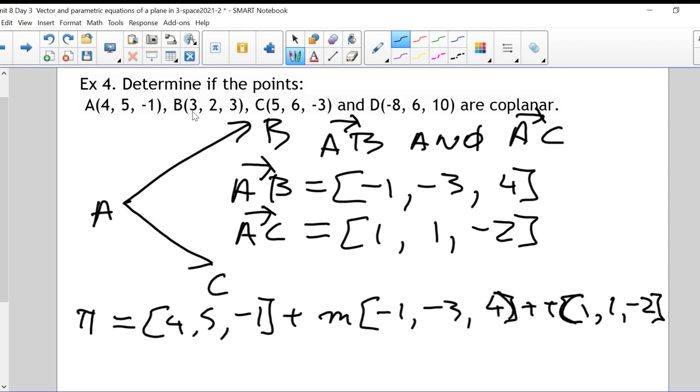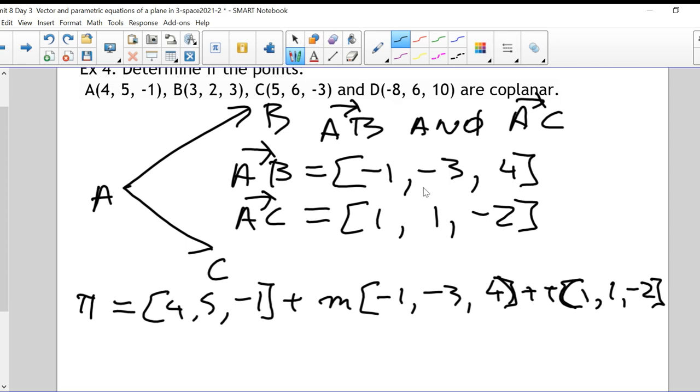Now we just set point D. Yeah, see, point D lies on the plane. That's exactly right, Zia. Now, if it does, then the points are coplanar. There's another way that we're going to do this in terms of coplanarity, but for now, let's just go with that method. So we took the 3 points that we had, and any 3 points could form a plane, and we created a plane from it. Now we're going to see if this 4th point lies on that plane.